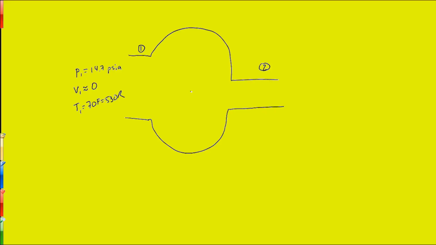At the outlet, we're told that the pressure, P2, is equal to 50 psi absolute, and that the temperature is equal to 100 degrees Fahrenheit, which is going to be equal to 560 degrees Rankine. We're told that the area at the outlet, we'll call it A2, is equal to 1 square foot.